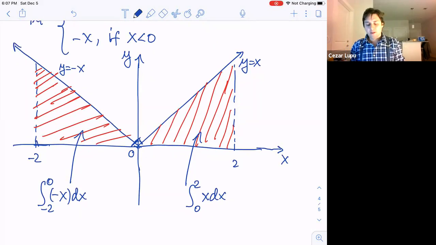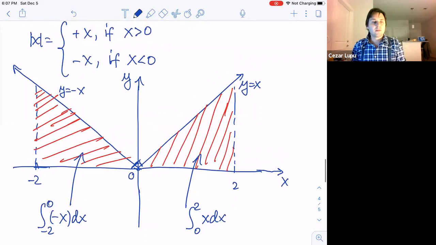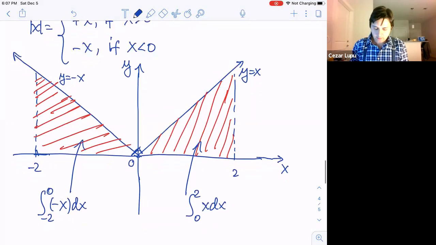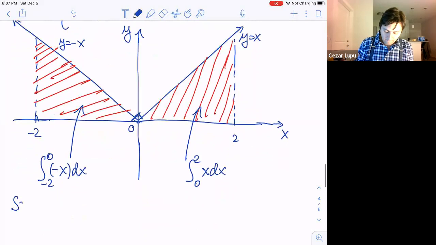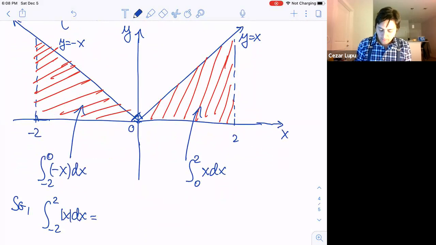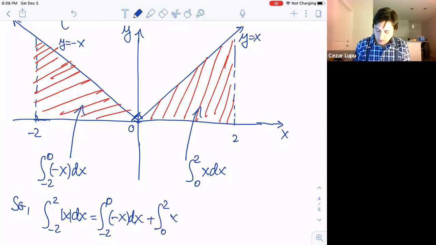All right, great. Now we can write the integral. So the integral from -2 to 2 of the absolute value of x dx will be nothing else than the integral from -2 to 0 of -x dx plus the integral from 0 to 2 of x dx.